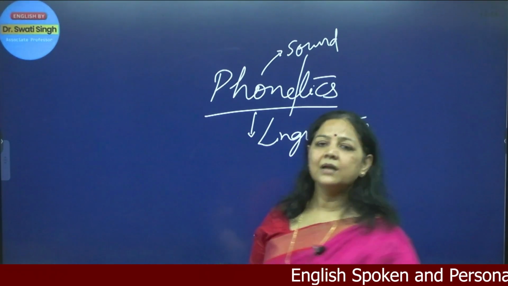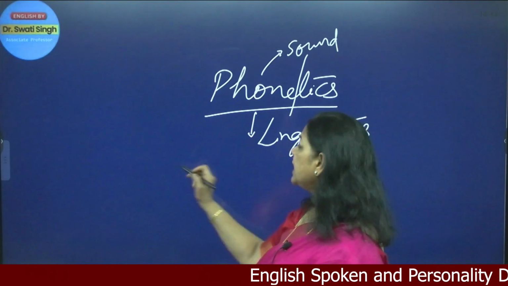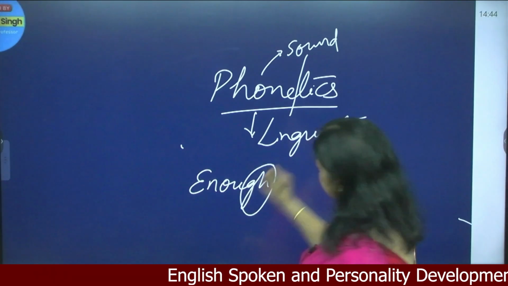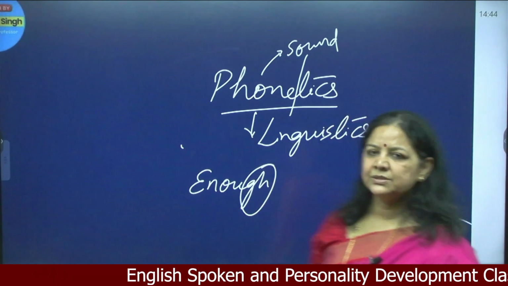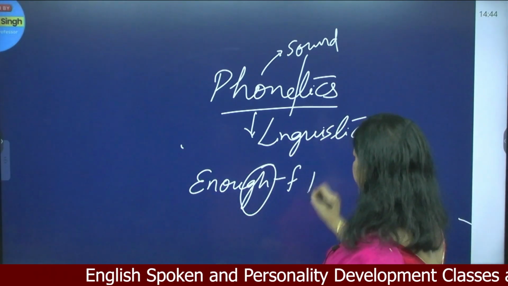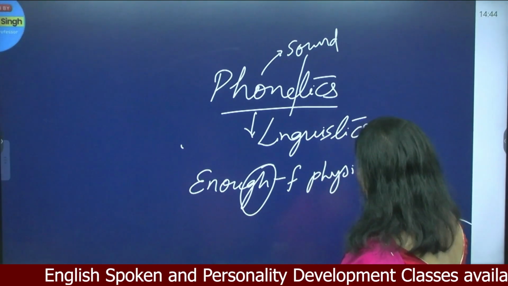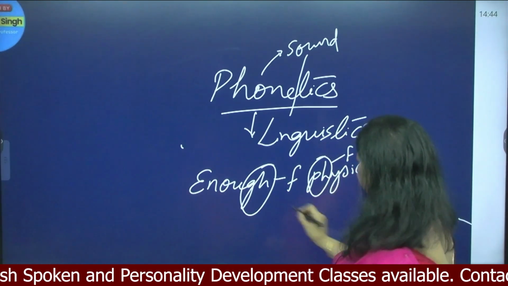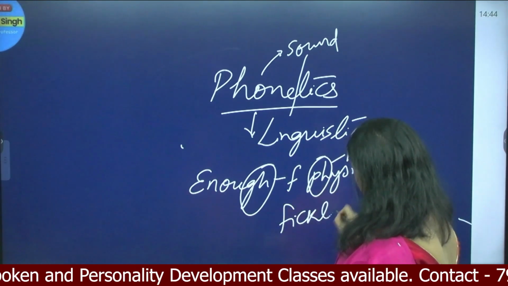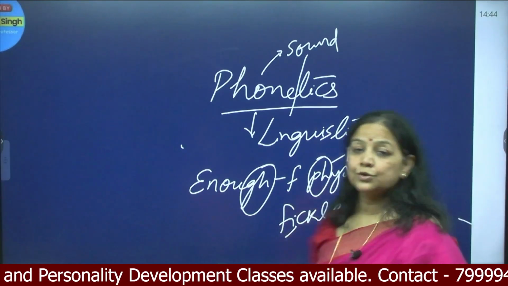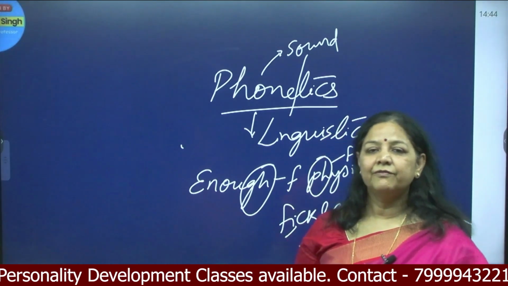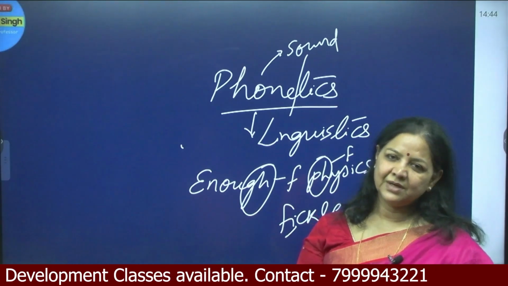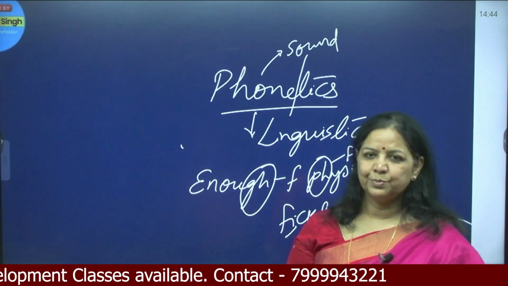So what happened is, for example, enough. In this case, GH is pronounced as /f/. Physics, in this case, PH is pronounced as /f/, and fickle, in this case, F is F. So the question arises: when to use GH for /f/, when to use PH for /f/, and when F should be used, right?